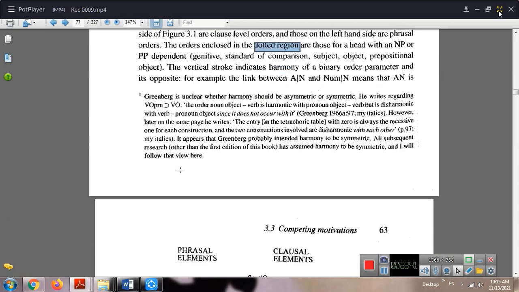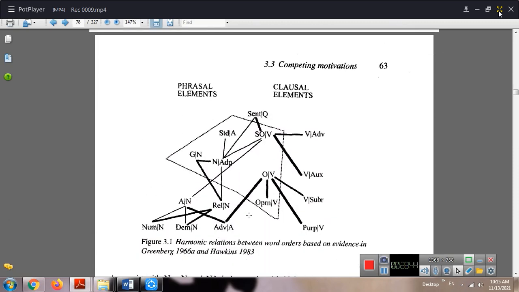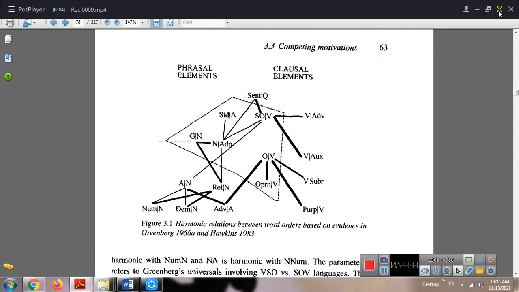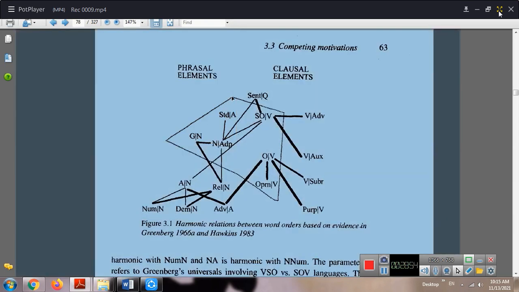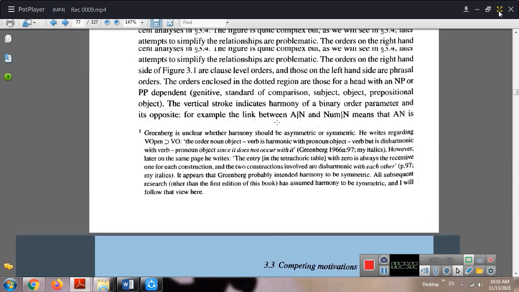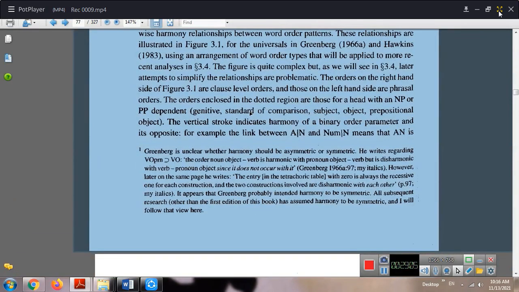Those related to each other by this dotted line have a noun as their head, like here. Based on this, those are for a head with an NP or PP. The vertical stroke indicates harmony of a binary order parameter and its opposite.